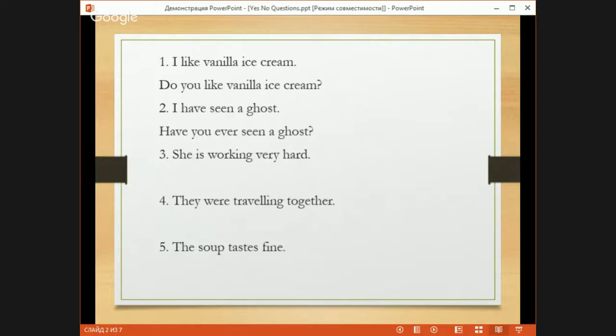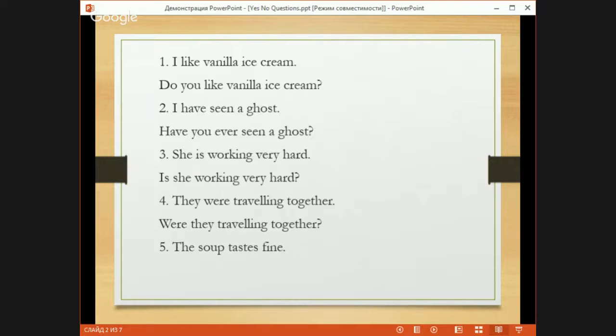The next one, she is working very hard. This is present continuous. To create a question, we need to say, is she working very hard? They were traveling together. This is past continuous, and the auxiliary verb in this case will be was or were. So, were they traveling together?